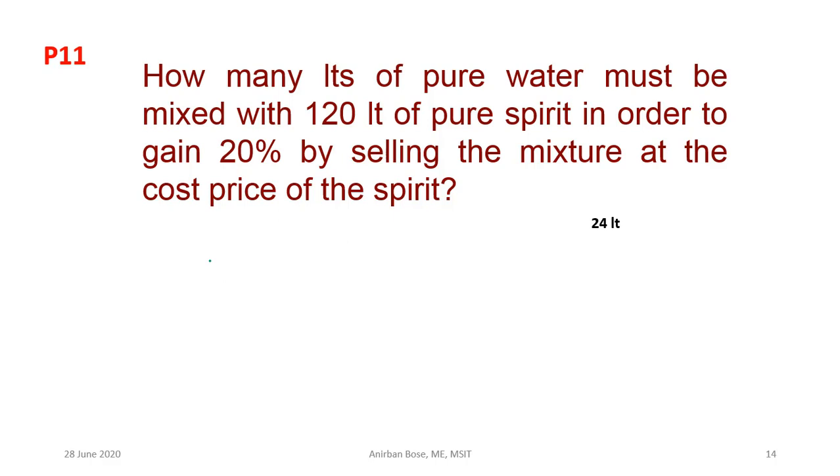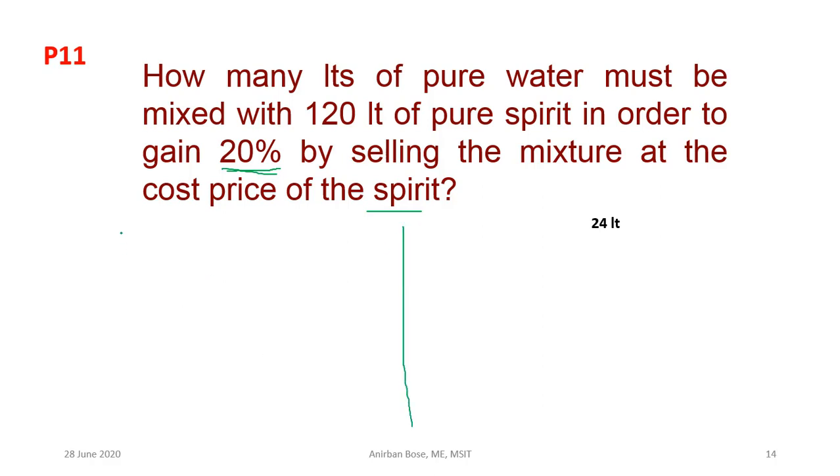So some spirit is there, now some water is mixed with it, and that mixture was sold, and 20% was the gain if it was sold at the cost price of the spirit. We can solve this problem either by spirit or by water. Let us see how we can do it.